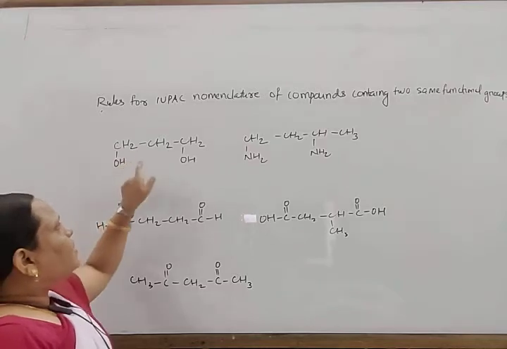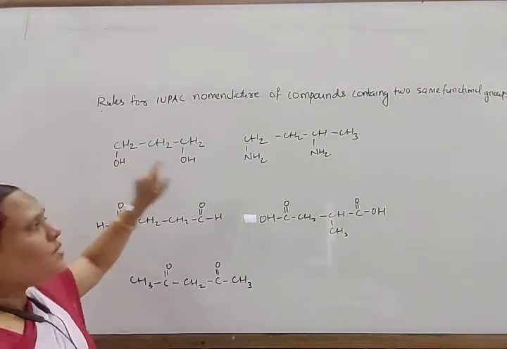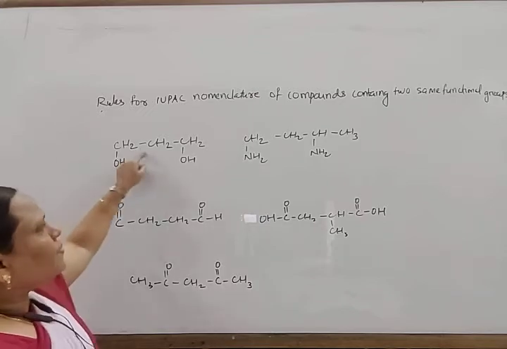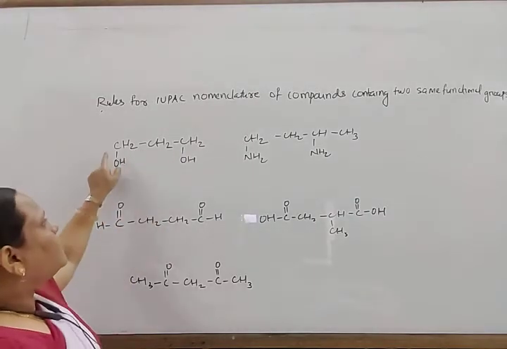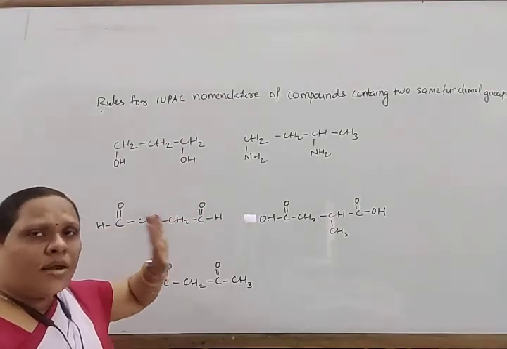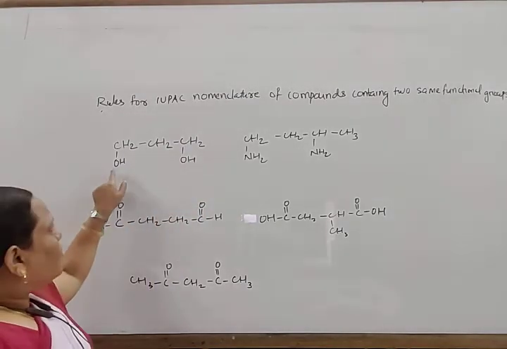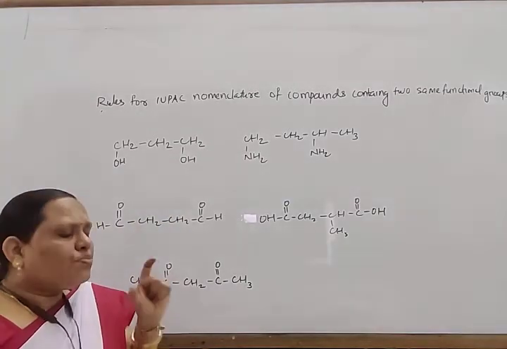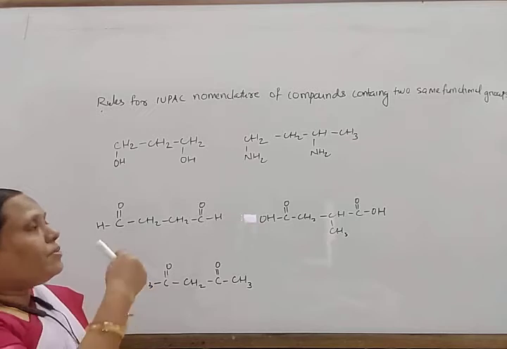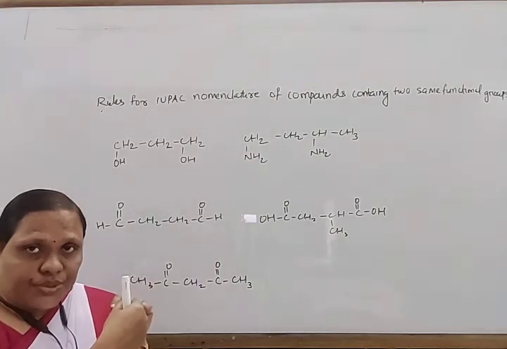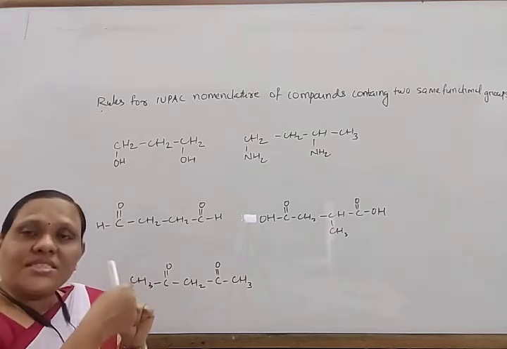Look here. There are two OH groups. So as there are two OH groups, choose this as the parent chain, 1, 2, 3. A 3 carbon chain is there. So what is the prefix? Carbon linking is AN, propane, and OH, OL. For that, the suffix is OL. So before writing this OL, you have to add the numerical prefix di. So diol.